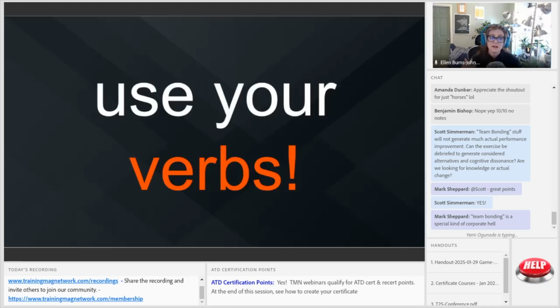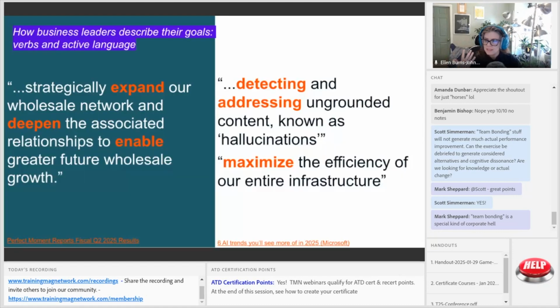Okay, so instead of talking about types and categories or features and aesthetics, I want us to use our verbs. And this is where Bloom's taxonomy starts to come in, right? So let's talk about the language of the organization. These are just a couple examples of quotes that I pulled from executives that have been talking out in the news.